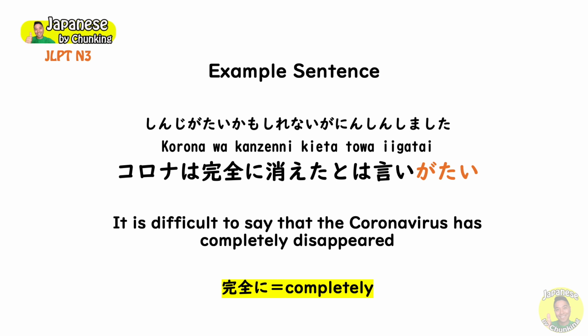So in Japan, coronavirus is called corona. 完全に completely 消えた 消えた means disappeared とは言いがたい。So I can't say that. It's hard to say. コロナは完全に消えたとは言いがたい。So it is difficult to say that the coronavirus has completely disappeared.